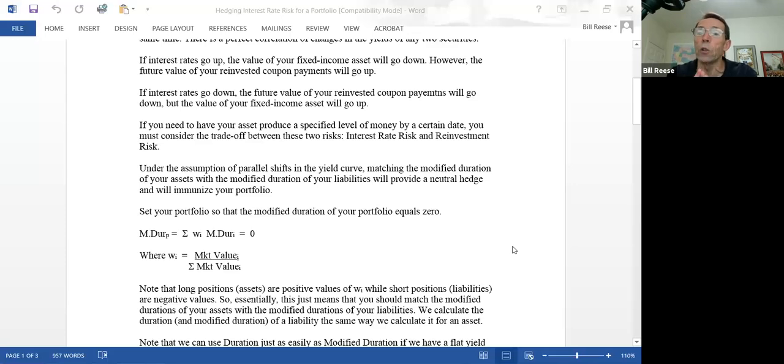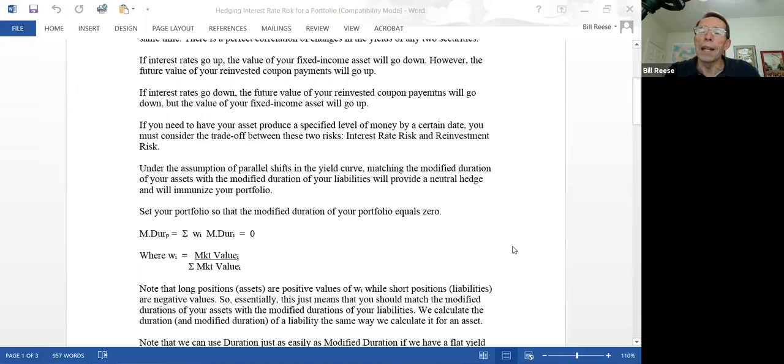The easiest way to do that is to set, and again, this is if your assets and liabilities are approximately the same in terms of their market value, set it so that the modified duration of your assets equals the modified duration of your liabilities. One further thing we want to take a look at here, and that is we can simplify it even further.